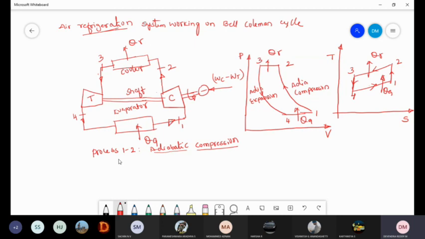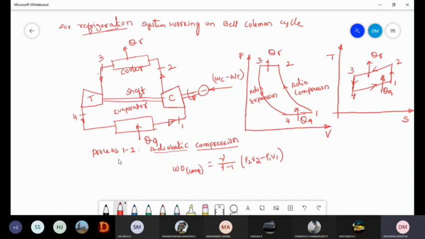Now process 1 to 2, work done by the compressor, is equal to gamma divided by gamma minus 1 into P2 V2 minus P1 V1.